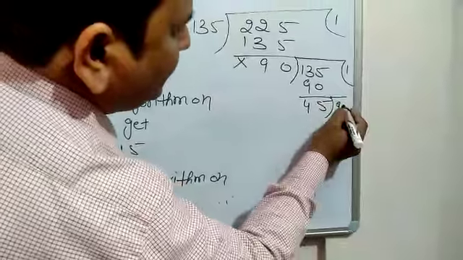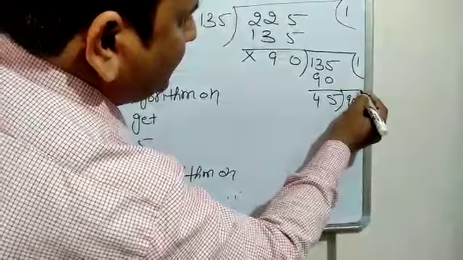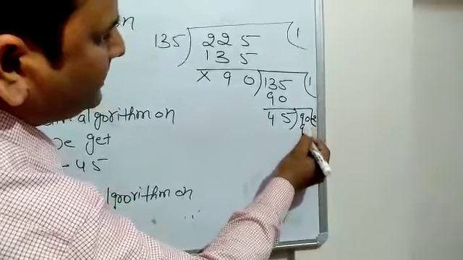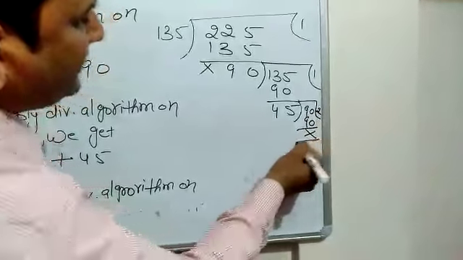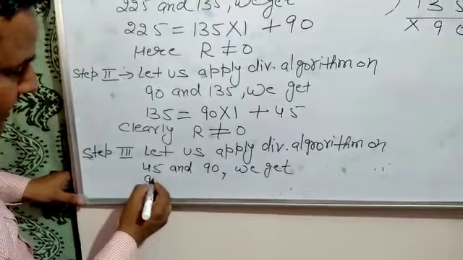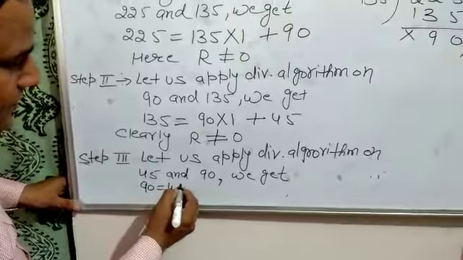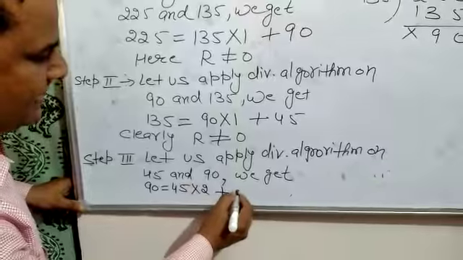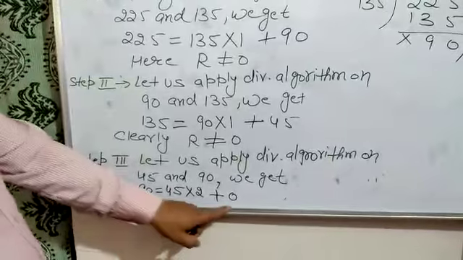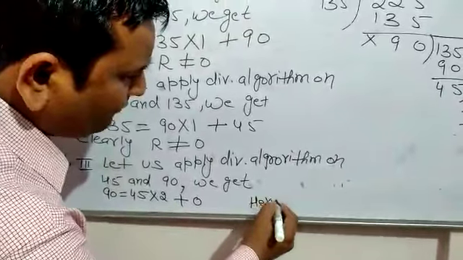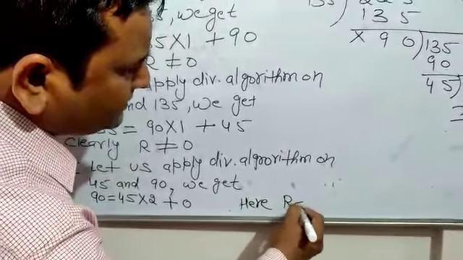Hold on for a minute, let me write it carefully and clearly. 90, 45 twos are 90. So the remainder we get here is 0. So we get dividend 90 equals divisor 45 into quotient 2 plus remainder 0. So finally the remainder is equal to 0.